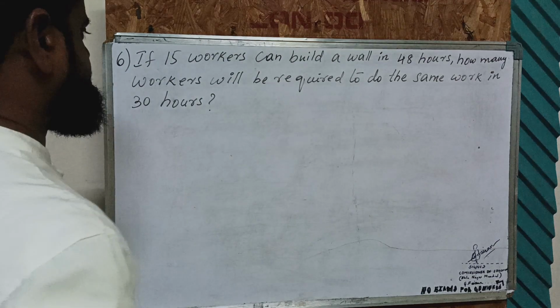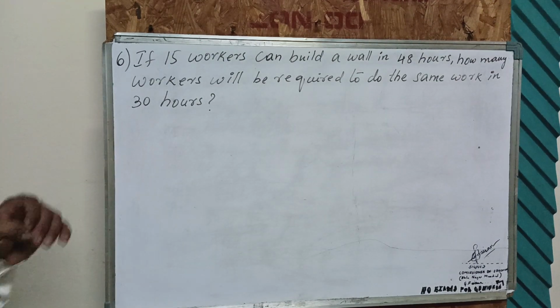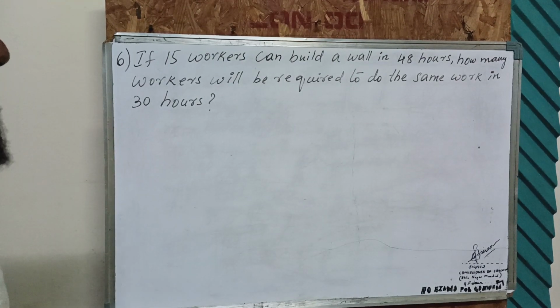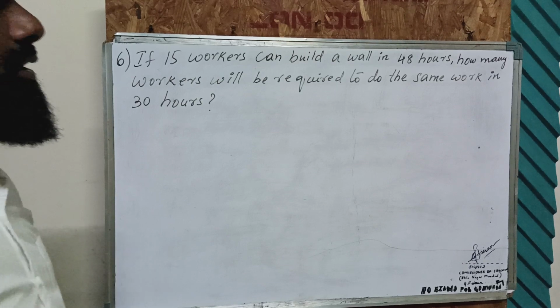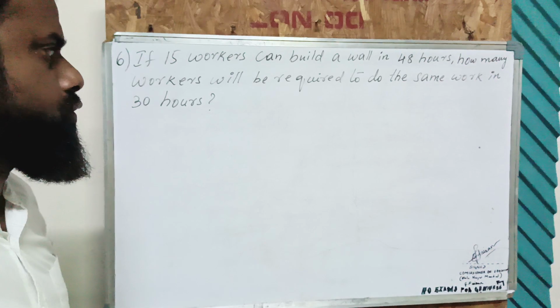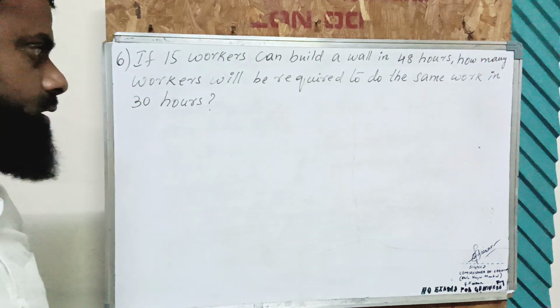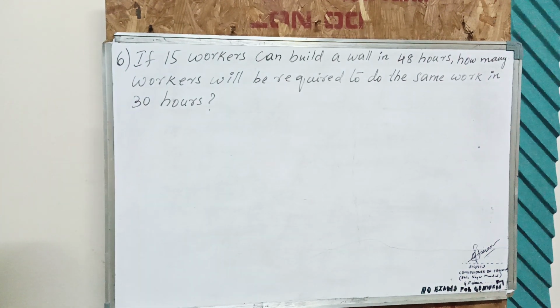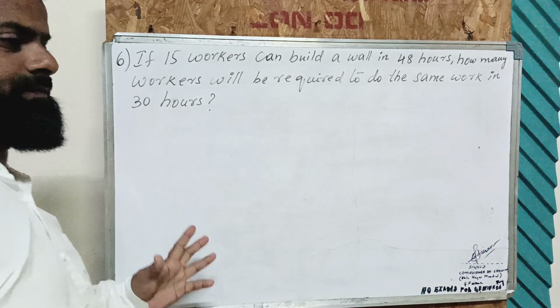Right. Now the next question. If 15 workers can build a wall in 48 hours, how many workers will be required to do the same work in 30 hours? This one is a similar case of inverse proportion.